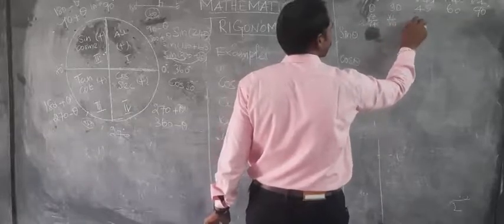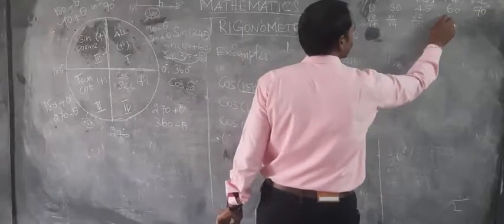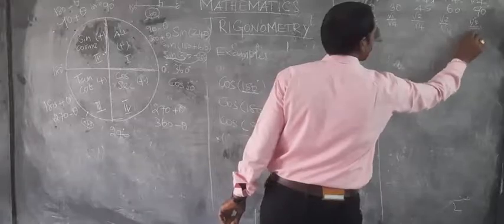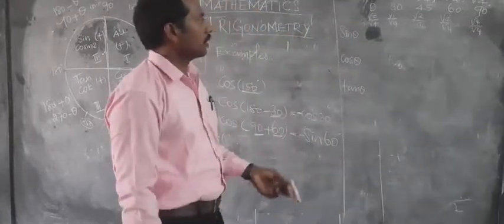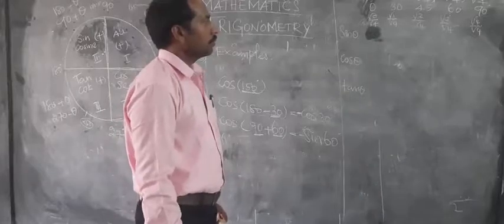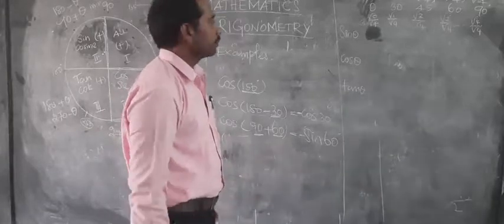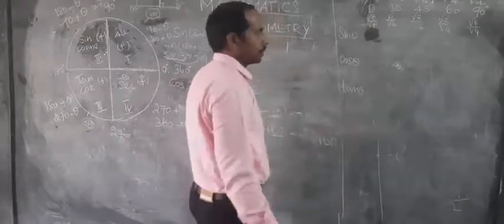Likewise you can write root 2 divided by root 4, here root 3 divided by root 4, here root 4 divided by root 4. Likewise you can separate the whole, you write separately. This is a shortcut. Likewise you want to keep in your mind.